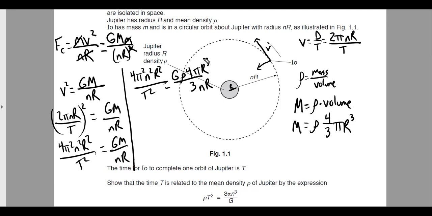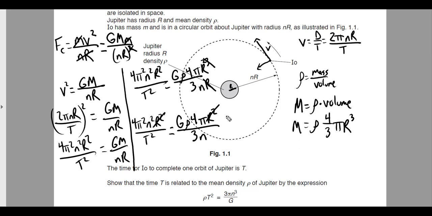All right, so one of those radii, so r squared, is going to cancel out that. And so if I rewrite this again, 4 pi squared n squared r squared over t squared equal to G rho 4 pi r squared over 3n. These r squareds are going to cancel, divide each side by r squared to show how they cancel.